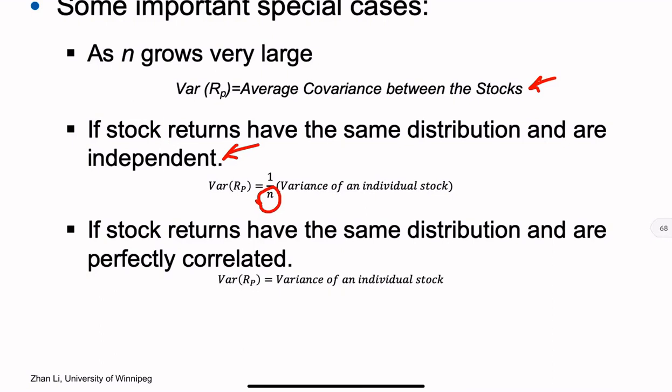It means as you increase n, the variance of your portfolio's return decreases. In plain English, this means as you add more and more stocks in your portfolio, your portfolio becomes less risky, right? So this is nice.